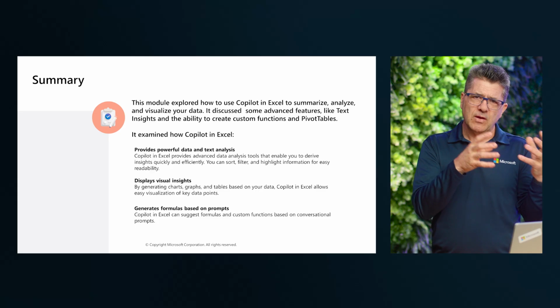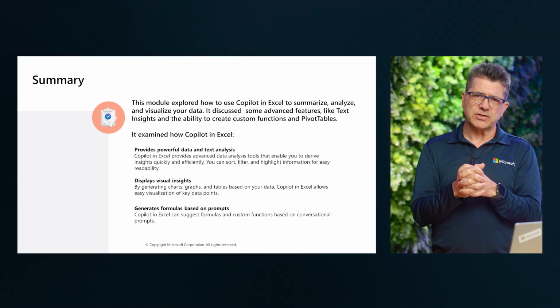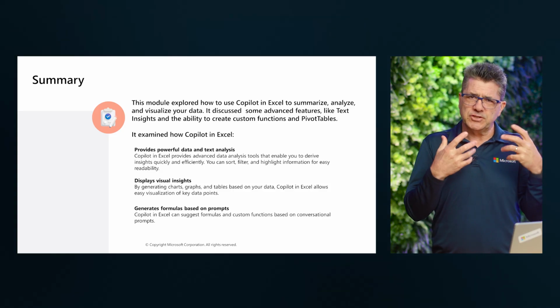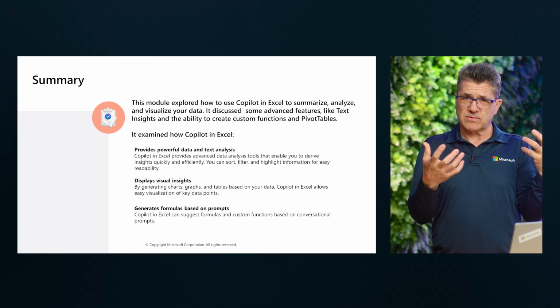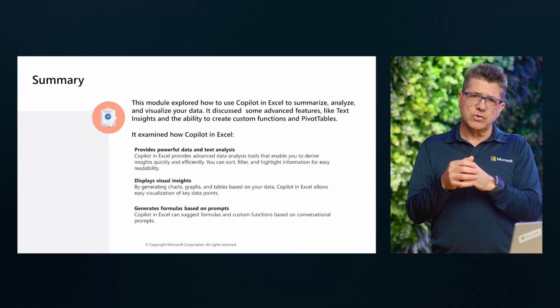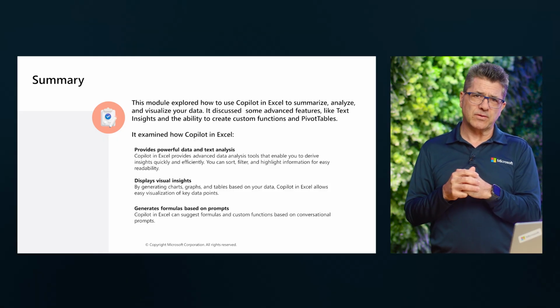Also, display, visualize the insights of the data in pivot tables or other charts that you want. And also generate formulas. We saw that. Not only can I generate formulas to get what I want, but I can also bring a formula and say, describe this, right? Is there a similar formula that I can use to accomplish the same? And there is advanced analytics that you can also execute with Python.